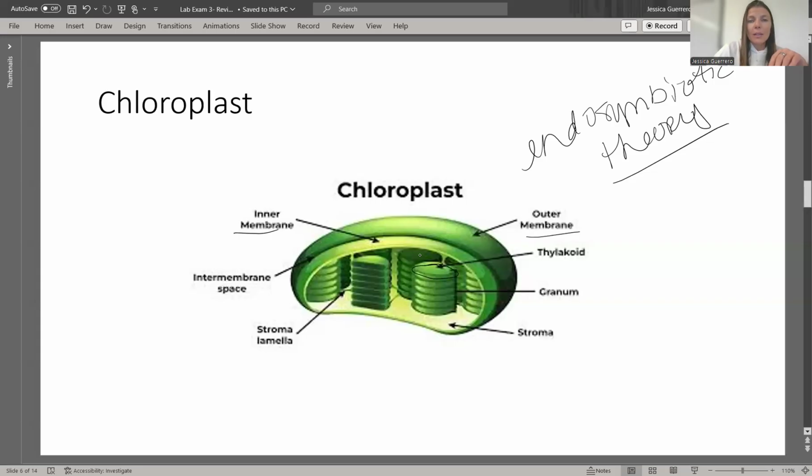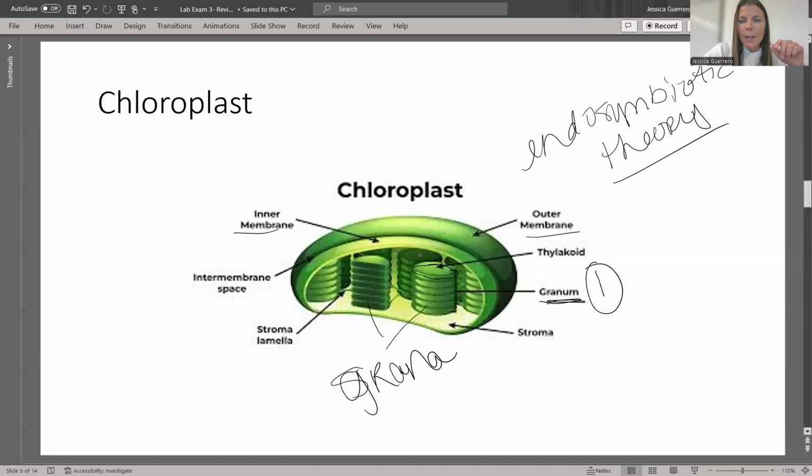One of these little things, I call them a green pancake in lecture, is a thylakoid. You do need to know that that is a phospholipid bilayer. A stack of thylakoids is called a granum, but if you have multiple stacks, those are called grana. Grana, that's plural. So this is 1 and this is more than 1, okay?